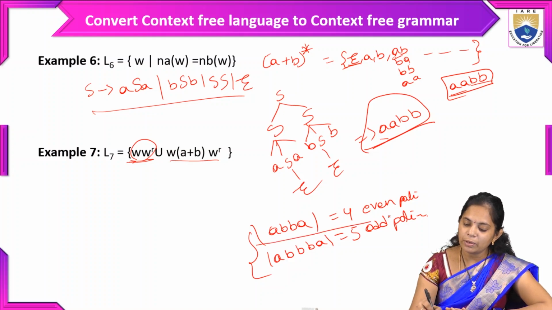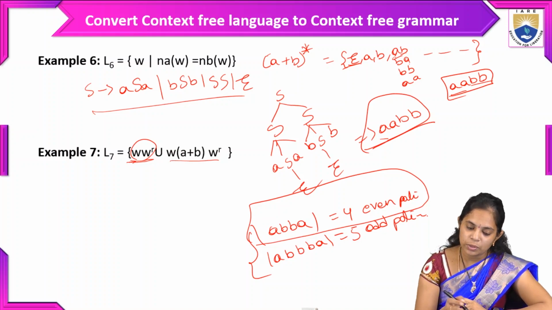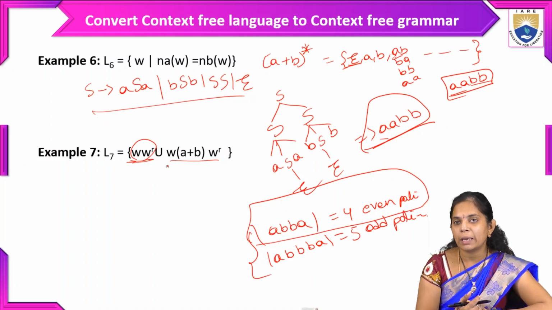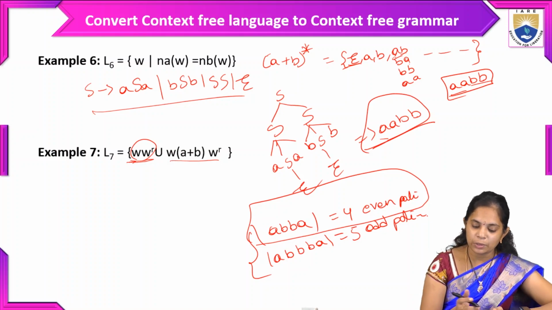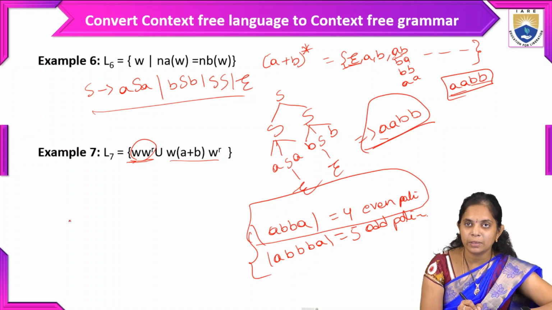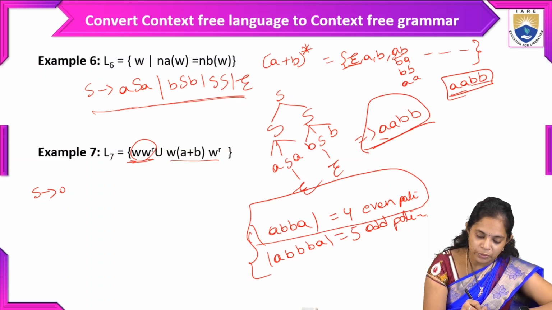So for this even palindrome, how to write the language? How to write the grammar? So this W is a combination of (A+B)*. If you take the A value or B value, the string is going to start with A or B. So just now we discussed: S tends to ASA, and if the string starts with B, BSB.